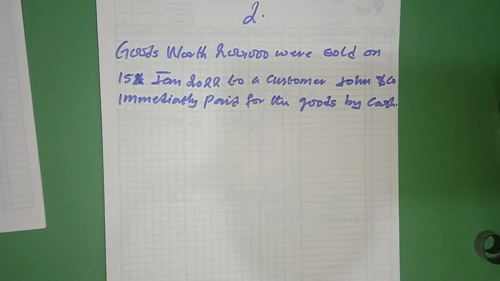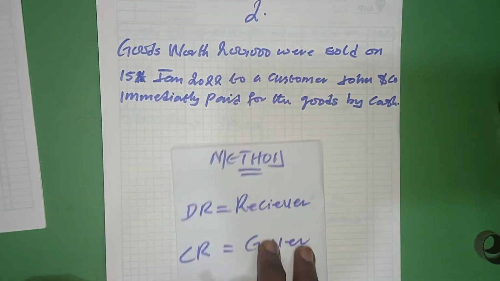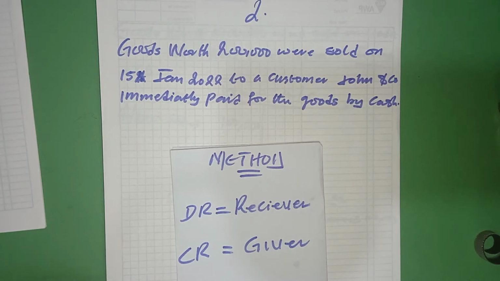Now, who is giving and who is receiving? I am selling, so I am giving. You understand? John is receiving the goods.